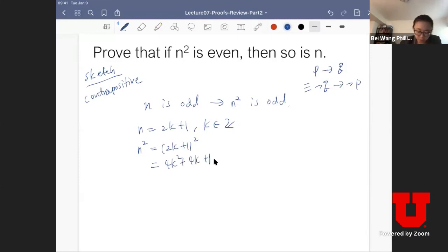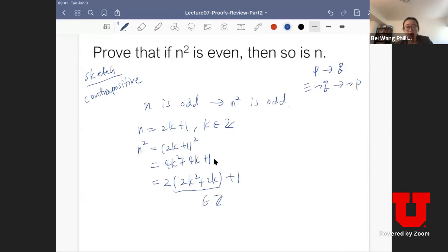I'm going to do factorization. Now I factor 2 out. The last step is to use the closure property to show that 2k squared plus 2k is an integer.